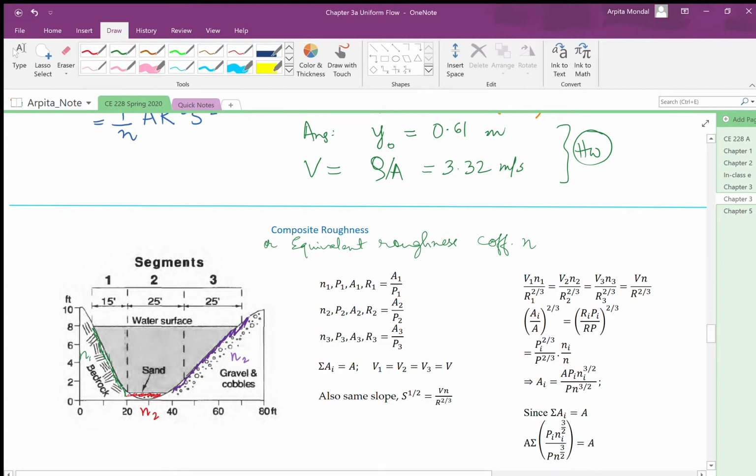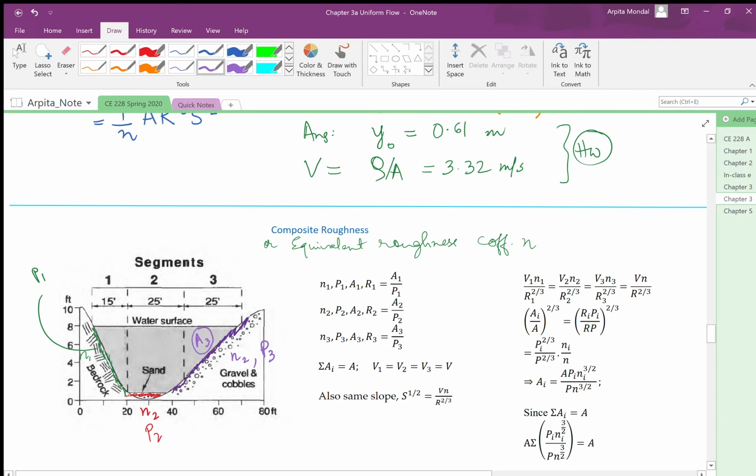so this corresponds to P1, the middle part corresponds to P2, and the last part corresponds to wetted perimeter P3. Their areas are denoted by A1, A2 and A3 respectively.